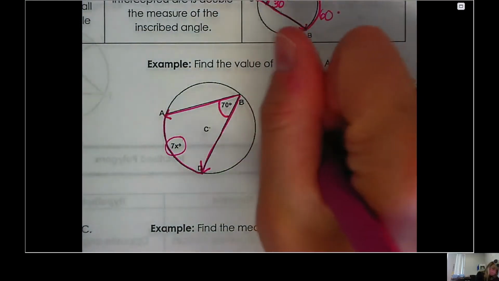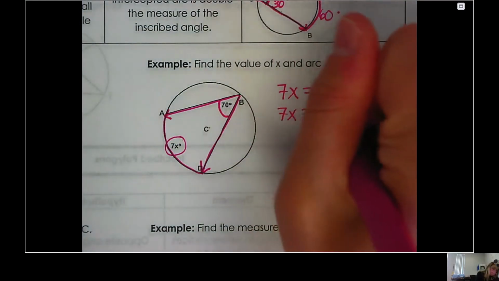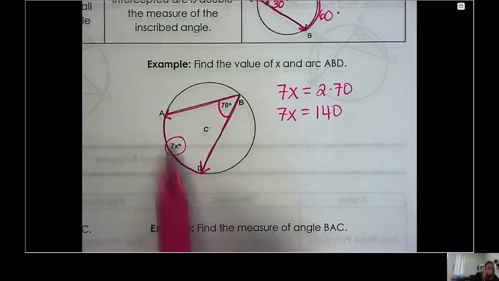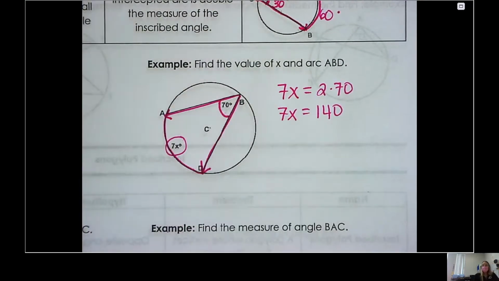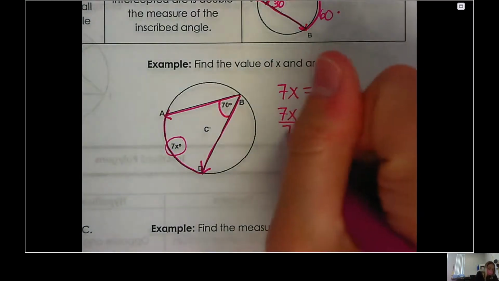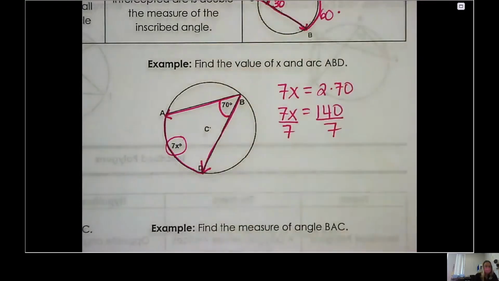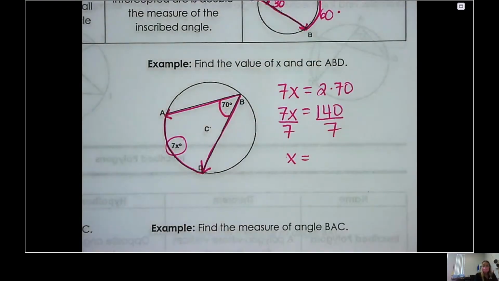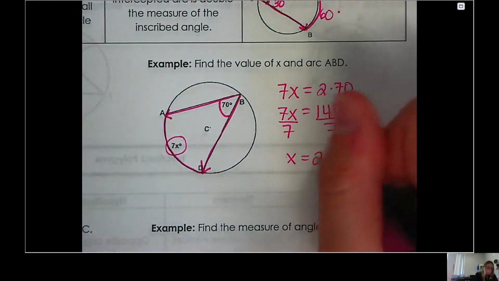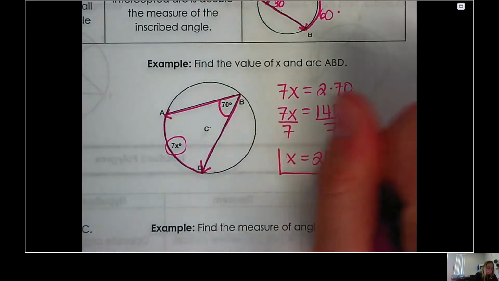I'm just setting 7x equal to 140 because I know this arc right here has to be double this angle. So it's an algebra problem. What should I do? Divide by 7, yep. What do you get for x? 20. You just figured out the first part.